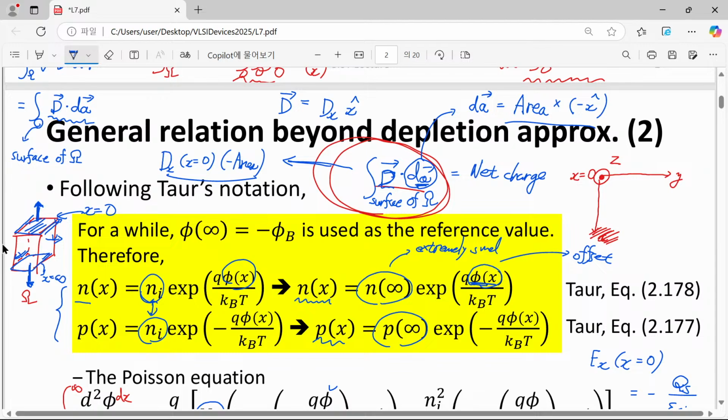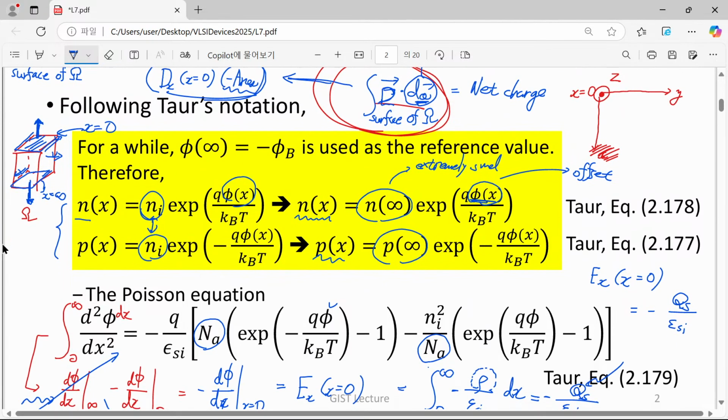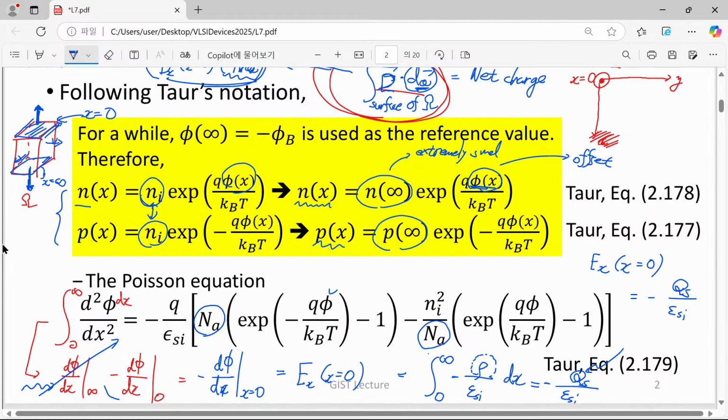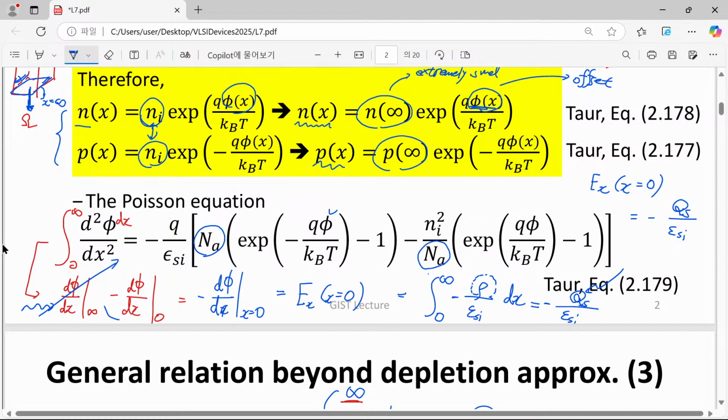Only the one at x equal to 0 gives a meaningful result, and the area is just the area, and the sign is along the minus x-axis. So now we can write it down this way. Please understand this kind of simplification. We will use this kind of operation many times later. But let's come back to our main discussion.